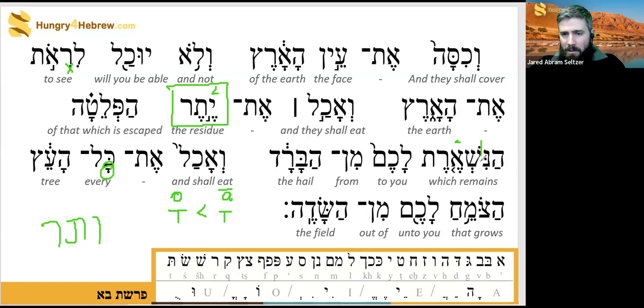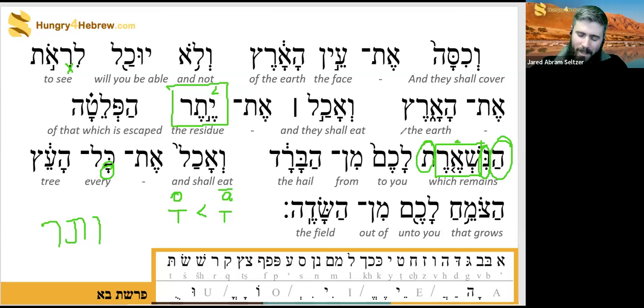Another root that means something similar is shin aleph resh. It's something that is left over or remaining. You can see it's a nifal verb, feminine tav, with a definite article at the front. The remaining one, or the remains. I think I mentioned this earlier. I'll go ahead and say it again.